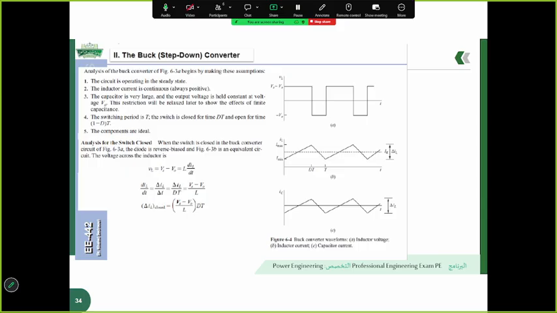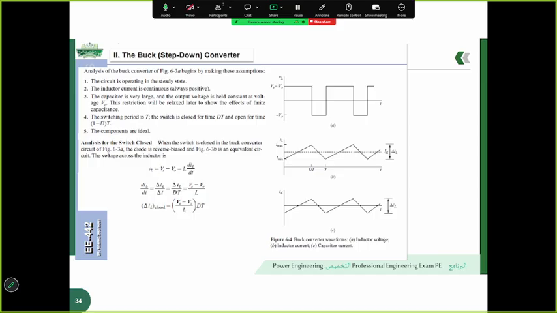And the inductor current ripple is determined by the voltage difference, Vs minus Vo, the inductor value L, the duty cycle D, and the switching period T. The average output voltage is still Vo equal to D Vs, but now we also know how to calculate the ripple current and understand the detailed waveforms of the inductor and capacitor.